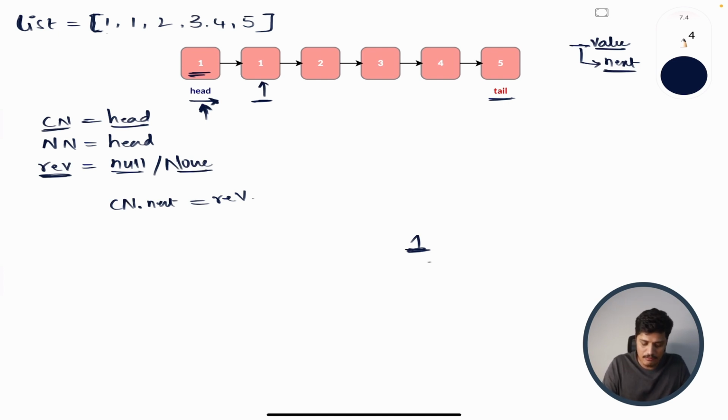That means this current node dot next, which is 1 dot next, we will assign with reverse. As a result, the 1 will get added in the front, and the reverse list will have this 1 in it. Immediately next is 2, we will pick it up, and current node dot next is equal to reversed. So this reversed will have 1, and we will add 2 here.